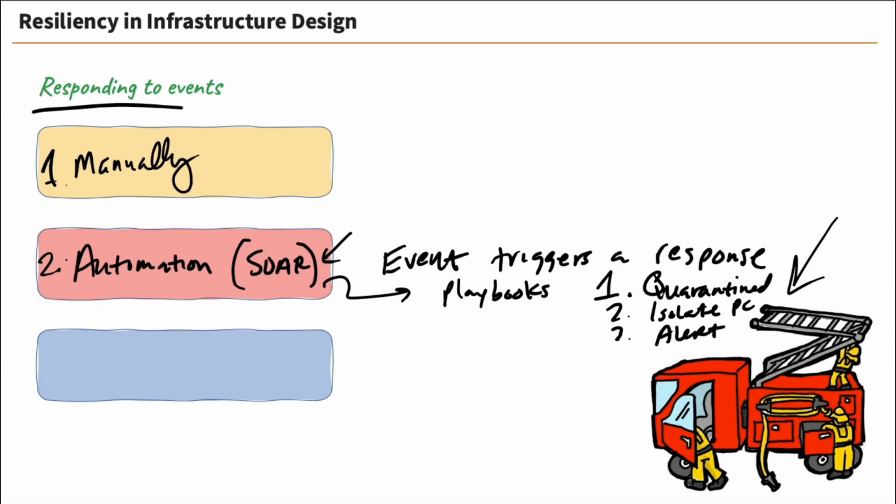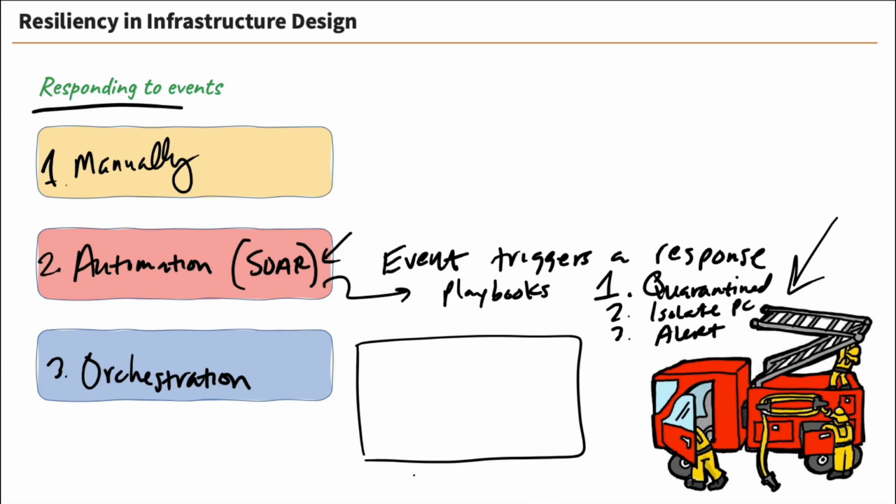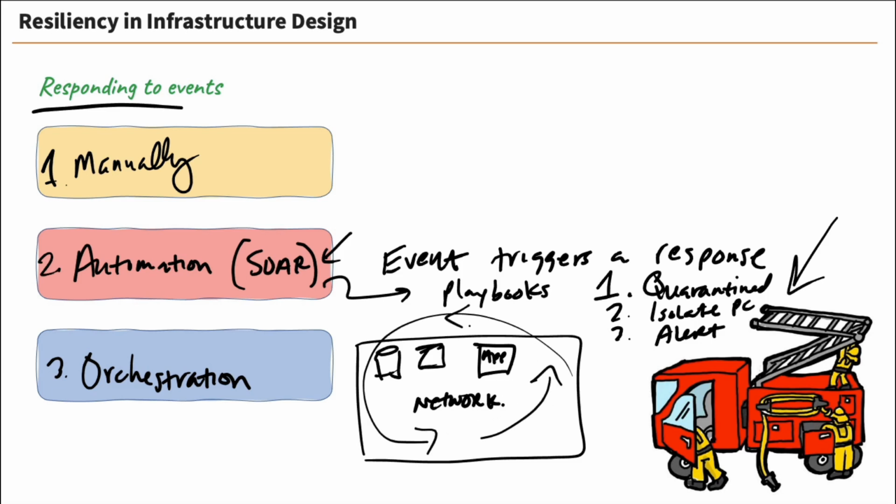But is there another way that we could do this, maybe even better? Well, yes, there is, and it's called orchestration. And the idea behind orchestration is that an orchestration platform is able to see the entire environment and all the pieces that are in it, the different servers and the applications, and the network pieces, and all of these things working together within the environment.